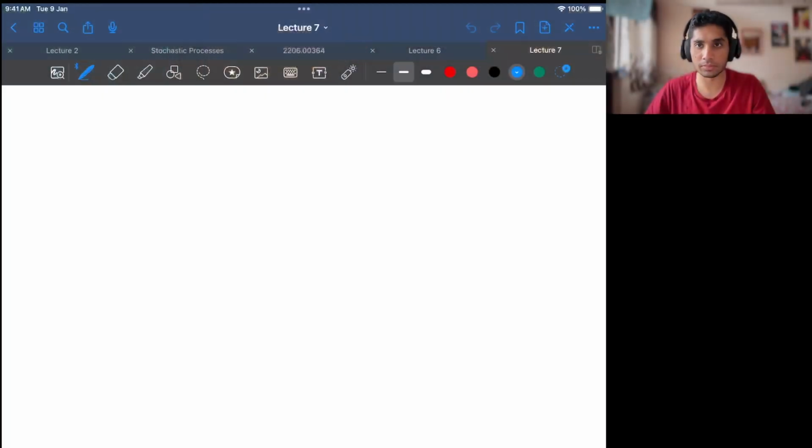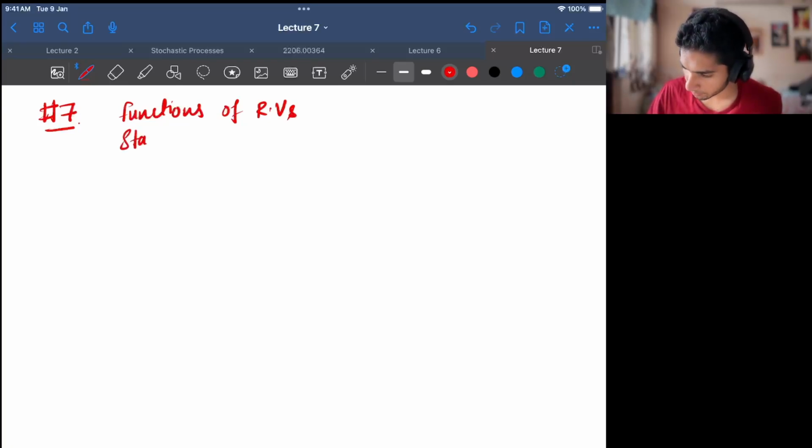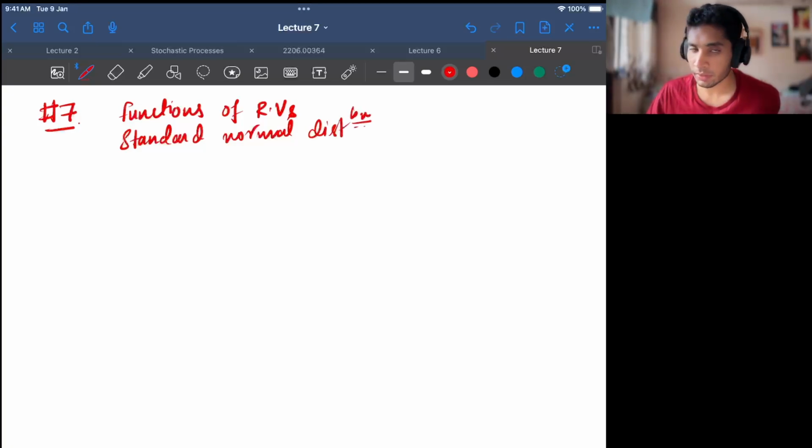So let me share my screen. Okay, so this is week 7, and this is going to be on functions of random variables, standard normal distribution, and then lastly, something about chi-square distribution.